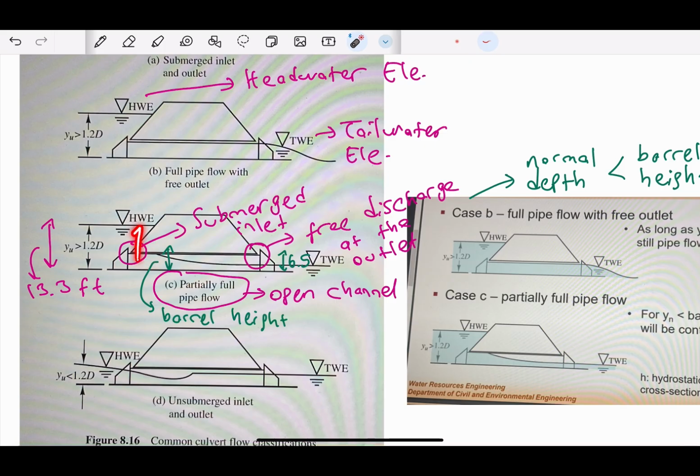So we need to find the distance from the center of culvert to the water surface elevation. So below the center, we will have 6.5 over 2, which means that this distance will be equal to 13.3 minus 6.5 over 2. So let me repeat that. We have 13.3 here, and we have 6.5 over 2 here, and we find this required distance.